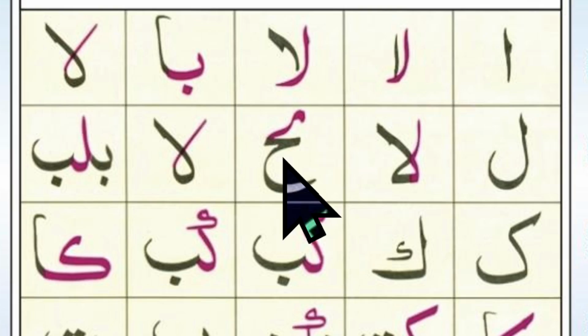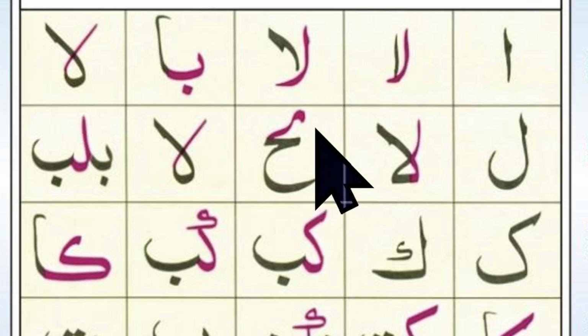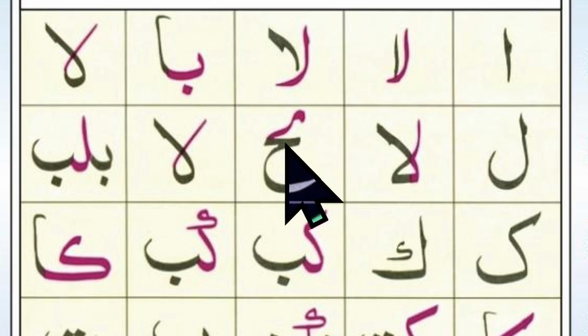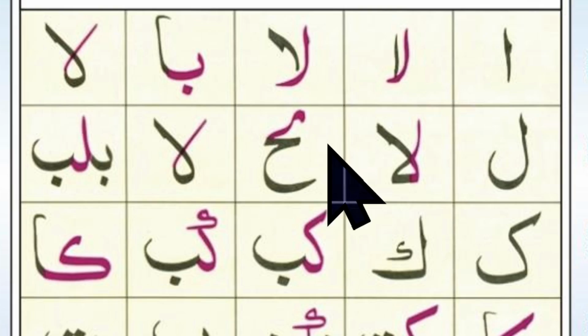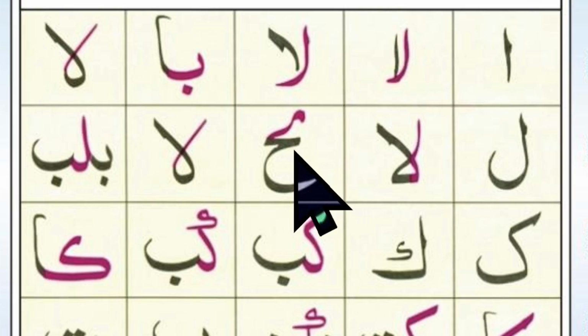One more important thing to understand: when we have two or three letters like this, we start to write, recite and pronounce the letters from the top.